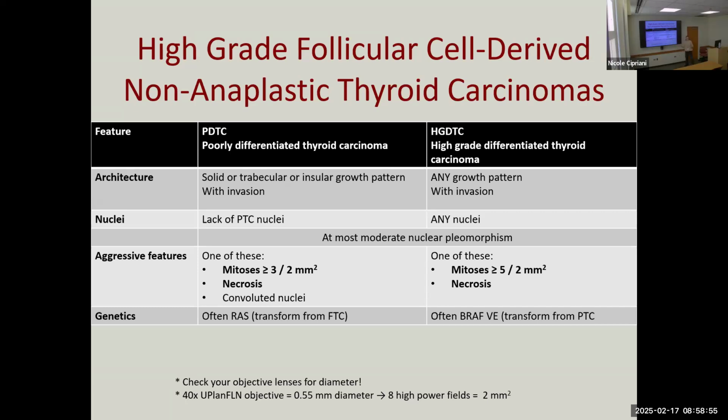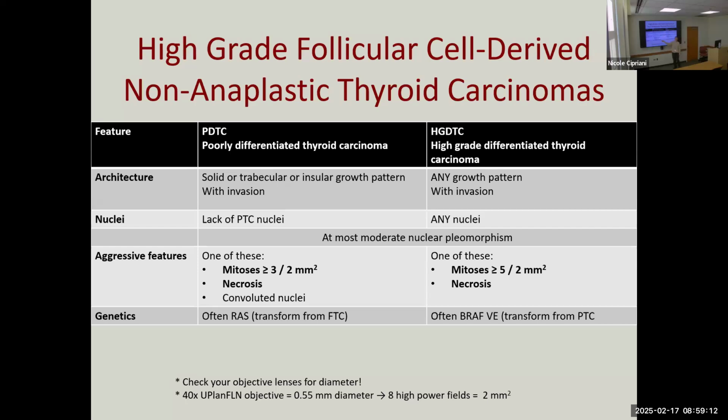Either of those two criteria will push you into the poorly diff or the high-grade diff. The other features being solid growth, absence of papillary nuclei, any growth pattern, any nuclei. Bottom line is mitoses and necrosis.